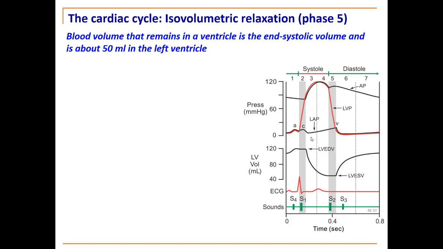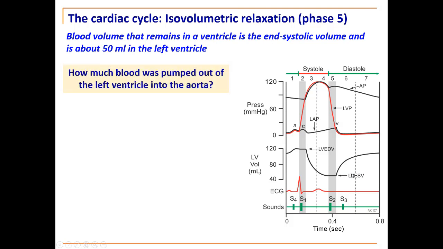I've already talked about this a second ago, but we're still in phase 5, the isovolumetric relaxation, and as I've just mentioned, the blood volume that remains in a ventricle is the end systolic volume, and in the left ventricle, this is about 50 mils. So how much blood has been pumped out of the left ventricle into the aorta in one heartbeat, in one cycle?